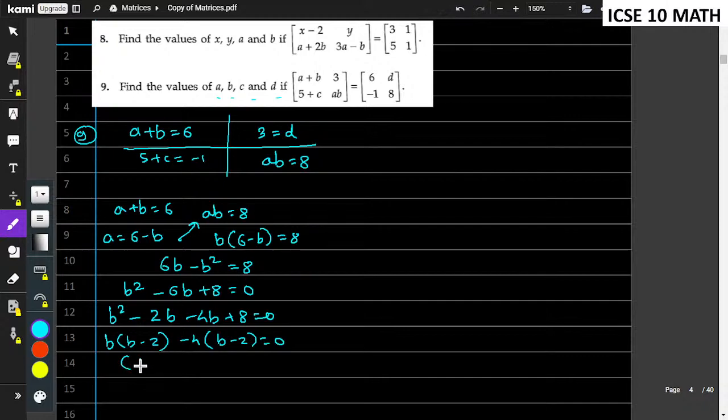So we get b minus 2 times b minus 4 equals 0. So one of them can be 0, so we can have b minus 2 equals 0 or b minus 4 equals 0. So we have value of b is 2 or 4. So we got two values for b.